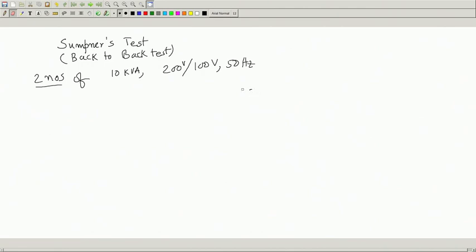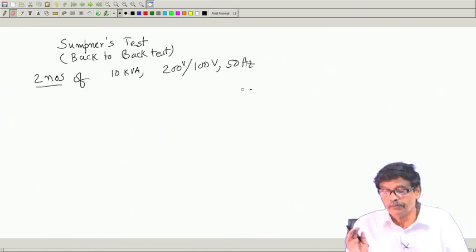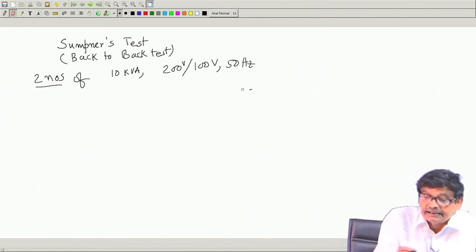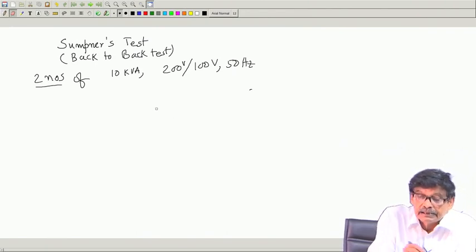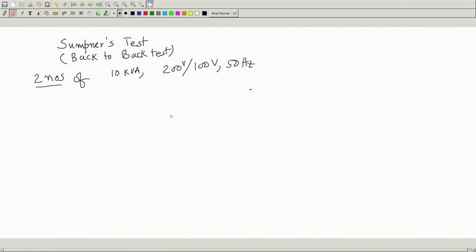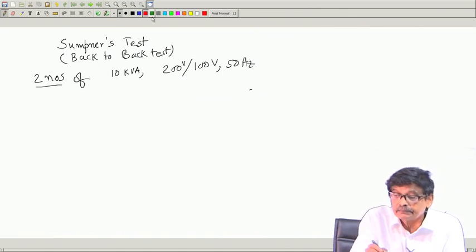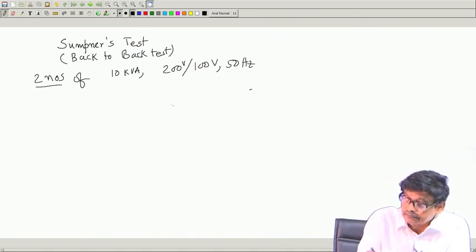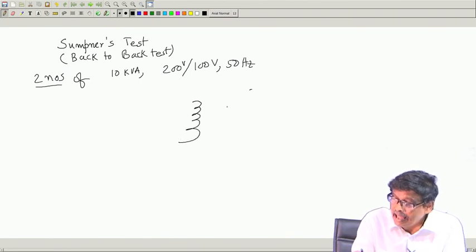Now, coming back to Sumpner test. Two similarly rated transformers you take, and then connect like this. This is one transformer, and its secondary is here.